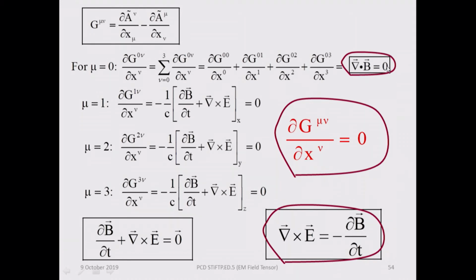So, these two laws are contained in one single tensor equation, which has got 4 components, for mu equal to 0, 1, 2, 3. For mu equal to 0, you get the absence of the magnetic monopoles, and for mu equal to 1, 2, 3, you get the 3 components of the vector law for the Faraday-Lenz law.